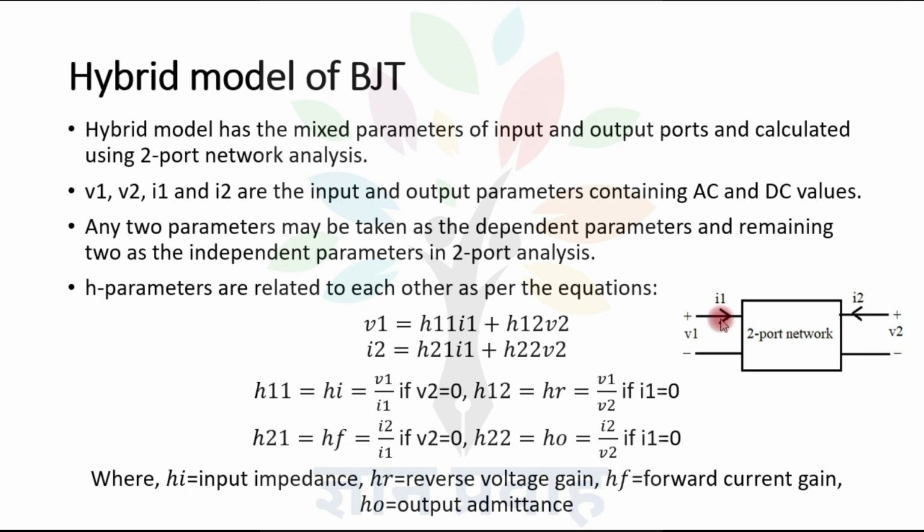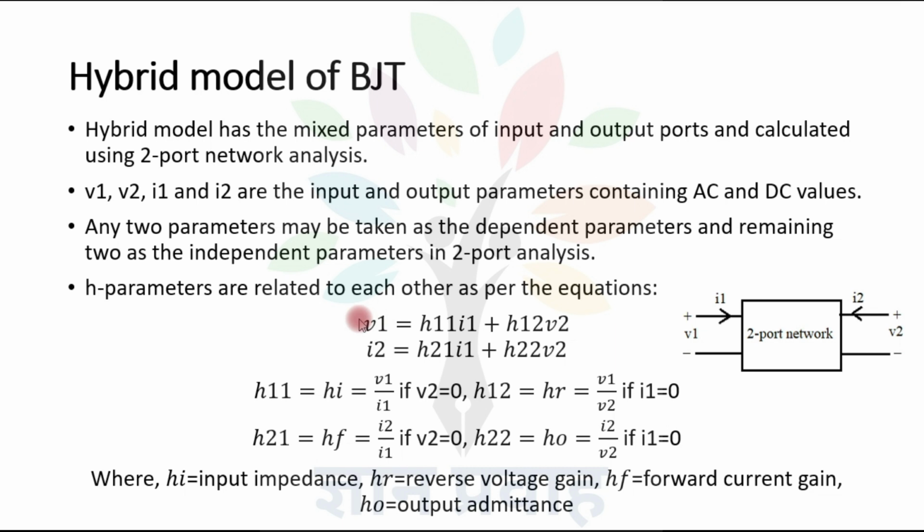On the input side, the input voltage is V1 and the input current is I1. On the output side, the output voltage is V2 and the output current is I2. So these are the four important parameters to model the two-port network. Any two parameters may be taken as the dependent parameters and the remaining two as the independent parameters in two-port analysis.